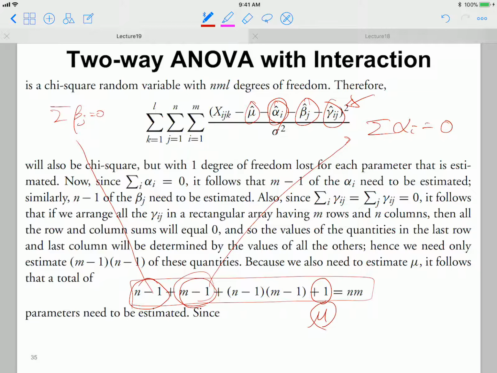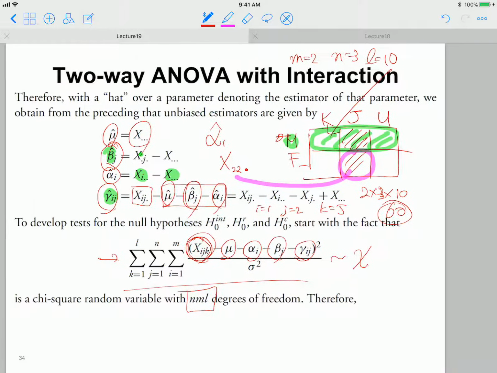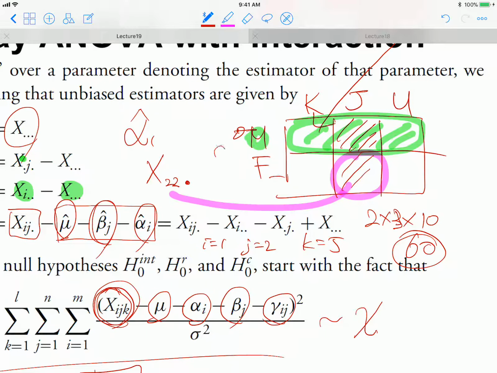What about the interaction term? In total, how many interaction terms do we have? In this case 2 times 3, simply the total number of cells. So m times n is the total number of parameters for our interaction term.